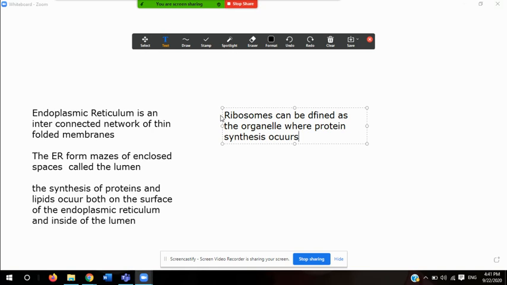We're going to talk a little bit later on in more detail about them. But I'm quoting from your book: ribosomes, tiny organelles that link amino acids together to form proteins. So ribosomes are tiny organelles that link amino acids together. I think this is a better definition.